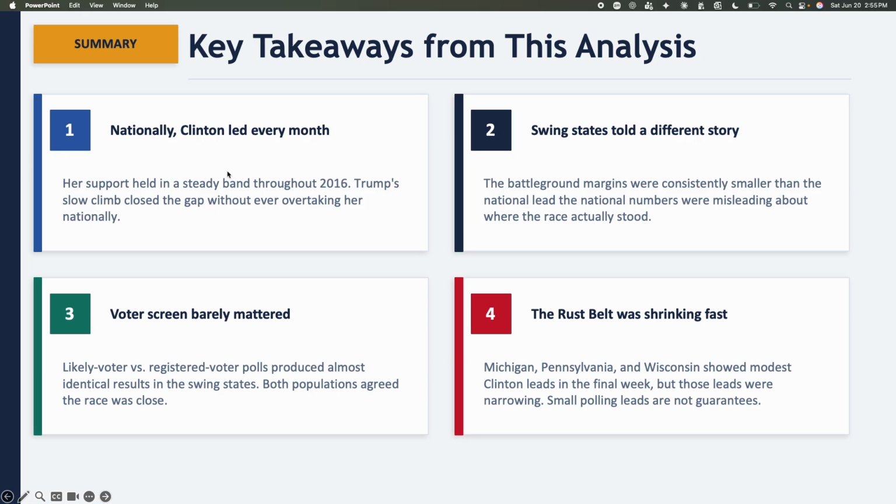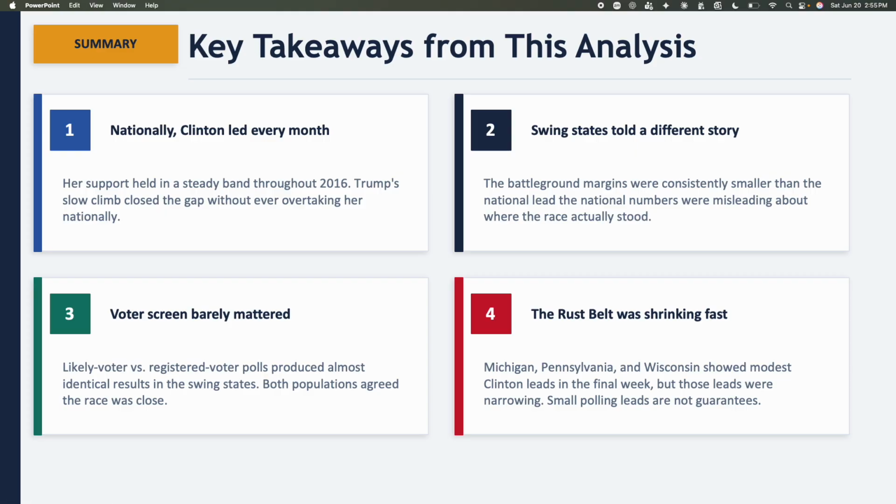So, key takeaways from this analysis. One: nationally, Clinton led every month. Her support was steady, and Trump's support grew but never passed hers. Two: the swing states told a different story.